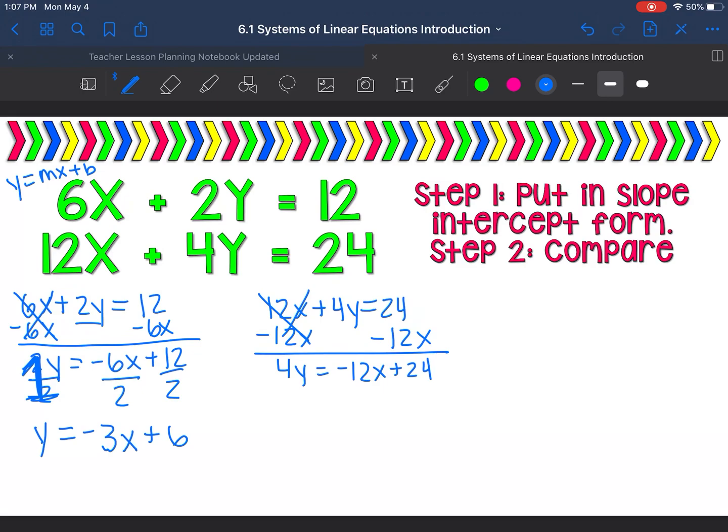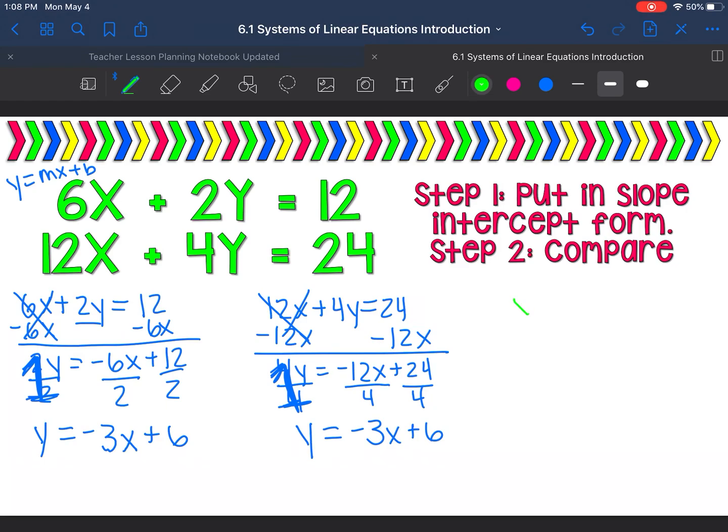Now remember, I need it to be y equals, not 4y equals. So that means that I need to divide everything by 4. Every single thing in this equation has to be divided by 4. 4 divided by 4 gives me 1y, or y. Negative 12 divided by 4 gives me negative 3x. And 24 divided by 4 gives me plus 6.